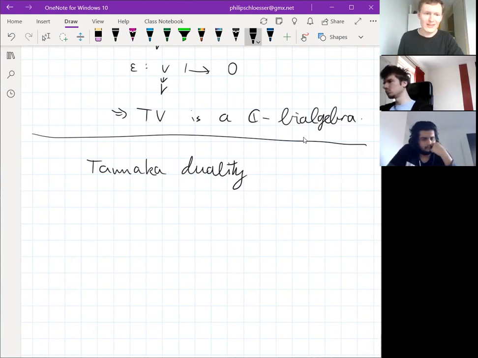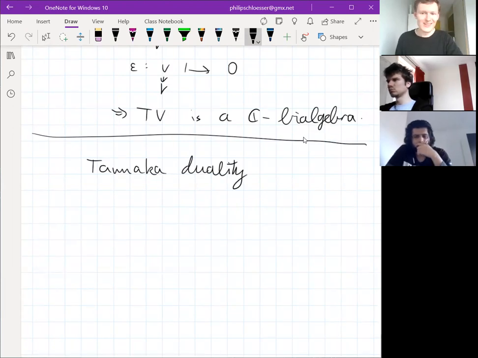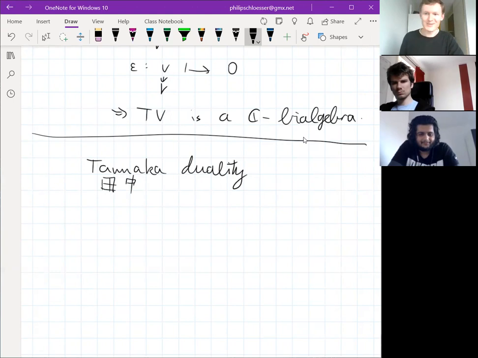Notice that this Tannaka is actually written with 2 N's, so it's not the very common Japanese name Tanaka. Sorry. It's actually a bit more difficult, but that's just a side note.